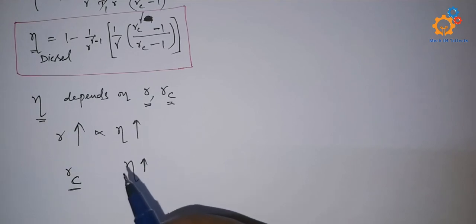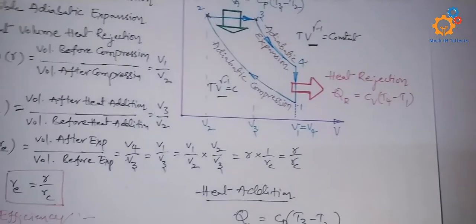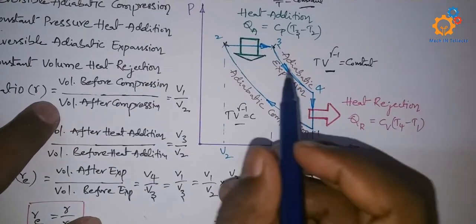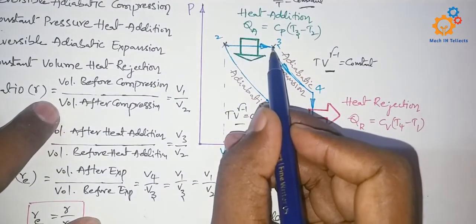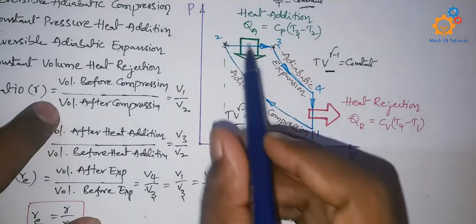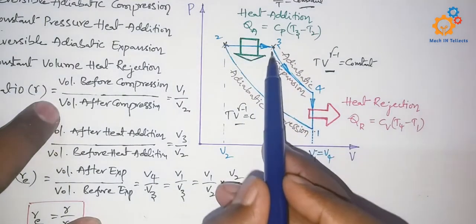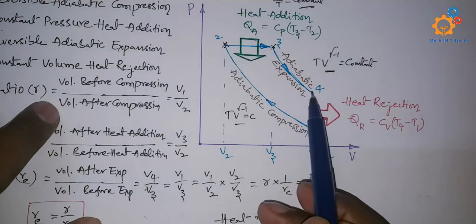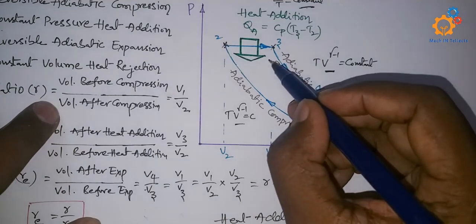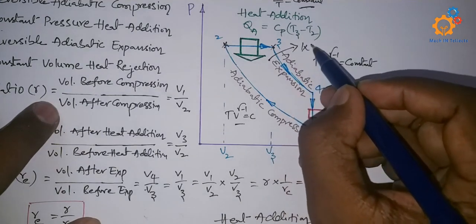Let's study with the PV diagram. See, this is cutoff ratio, right? V3 by V2. In the 3 to 4 expansion process, we get useful work.